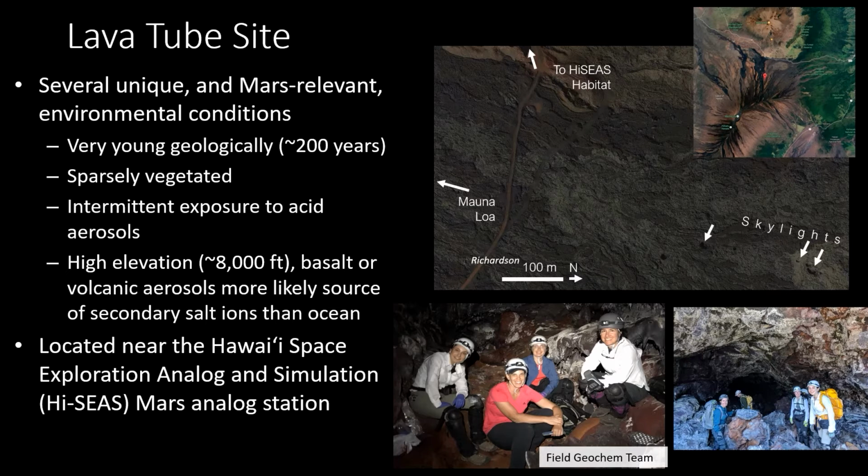And so that's another key aspect. And then also another interesting note is that this tube is near the HI-SEAS, the Hawaii Space Exploration Analog and Simulation Mars Analog Station.